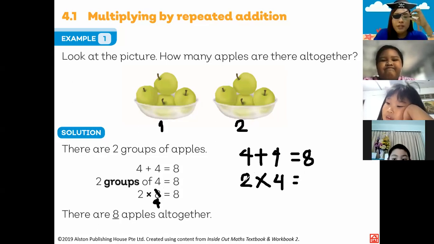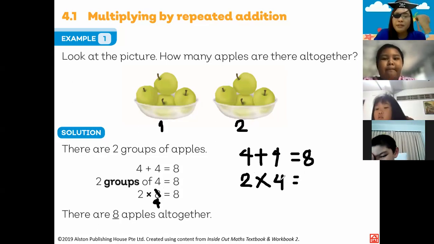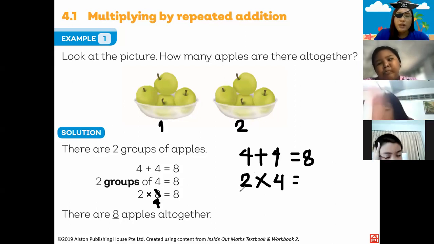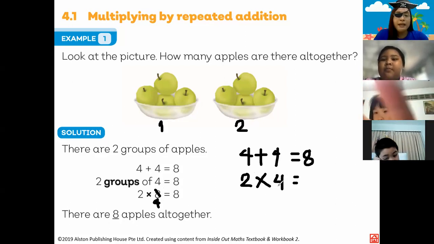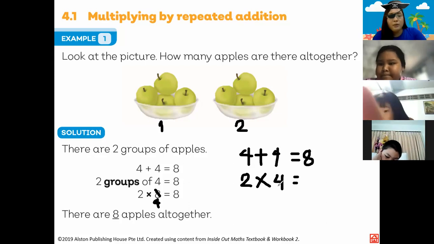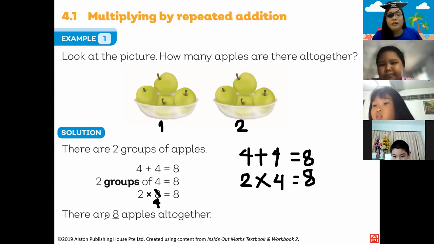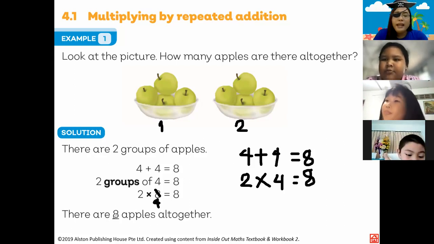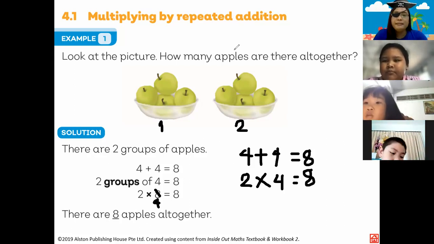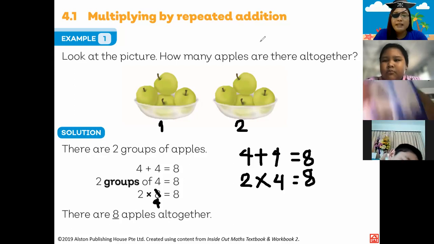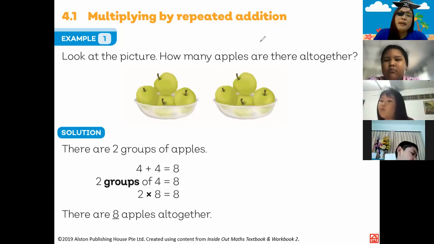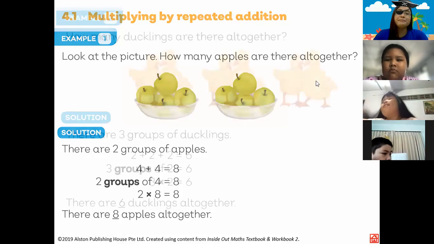The number of groups is 2, and the number of apples is 4. So 2 multiplied by 4 is equal to 8. All right, so there are 8 apples altogether. Very easy. All right, so on the next page, we have another example.